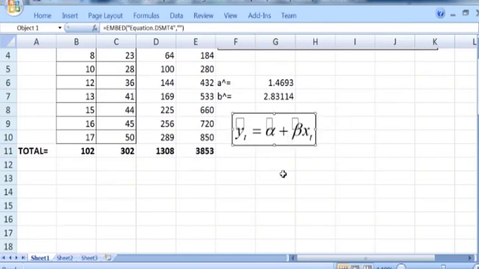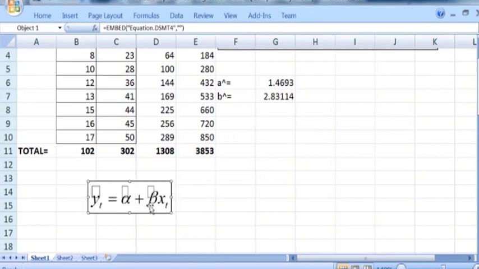Once we have these two values, we can plug them into this equation to get the estimated value of y. So let me write it here. The estimated regression line, which is also called the least square regression line, or the fitted regression line, fitted regression model, or estimated line. There are a number of alternative names which are usually used.